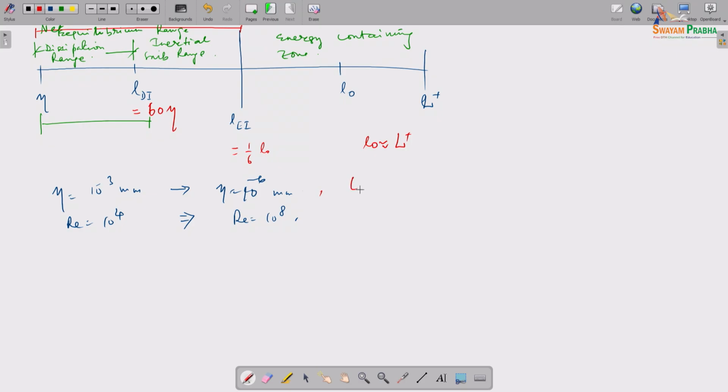L_DI is equal to 0.1 of L. This is when Re is, so Re is equal to 0.8, then this becomes much smaller, obviously, right.